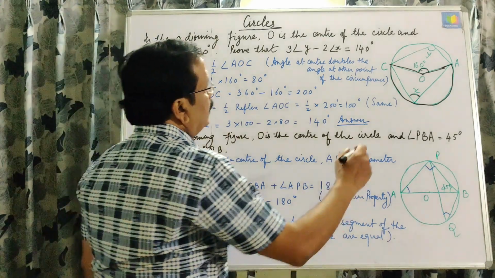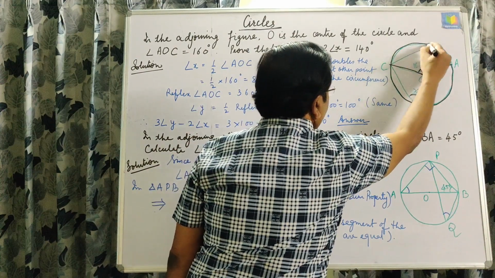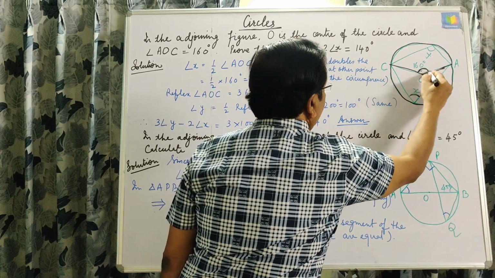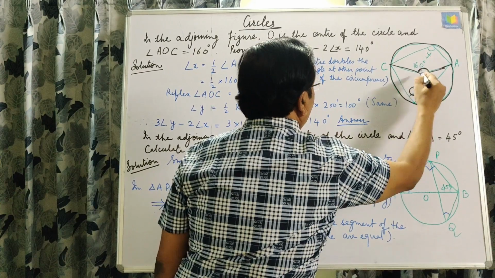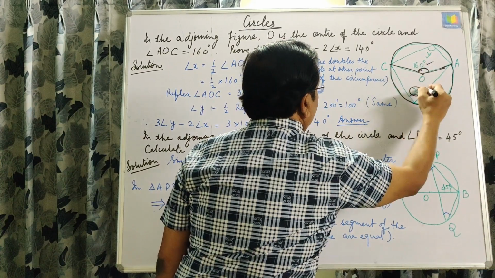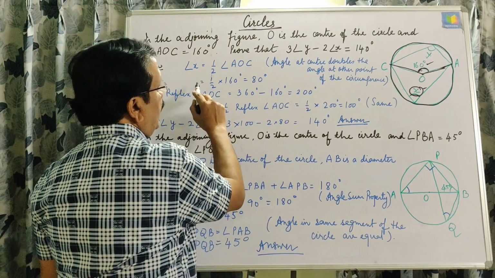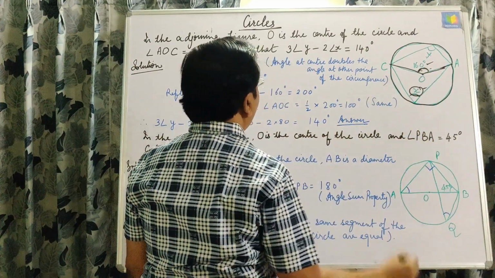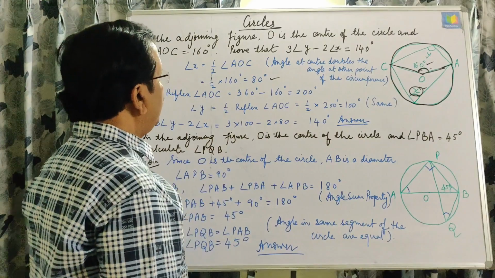Actually, once we select this arc, then this angle 160 degrees will be double of x. Okay, and that is why angle x is equal to half of the angle 160 degrees, and then we can get angle x is equal to 80 degrees.